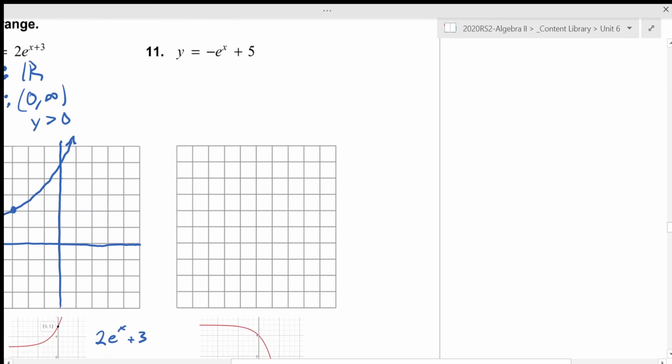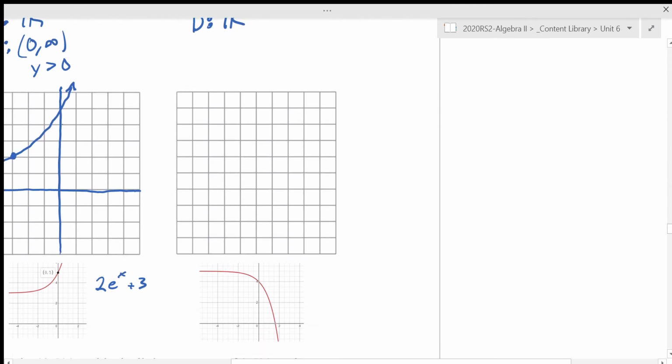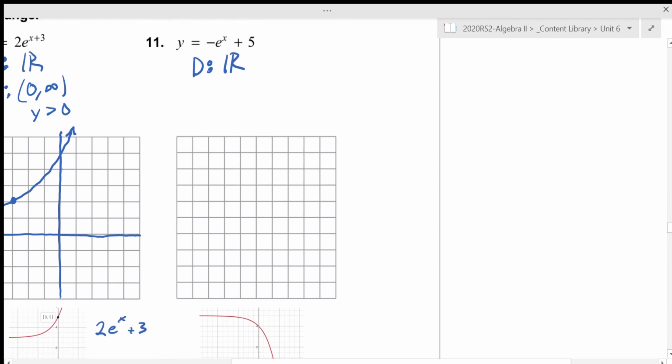Alright, for number 11, y equals -e to the x plus 5. Domain is all reals because it's always all reals for these functions. And you can tell from the graph that it goes through 0, 4. So it goes through 0, 4 right here.